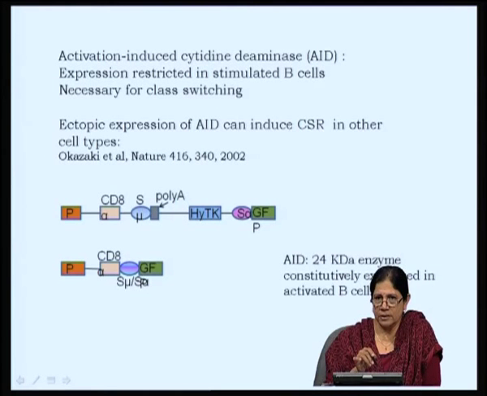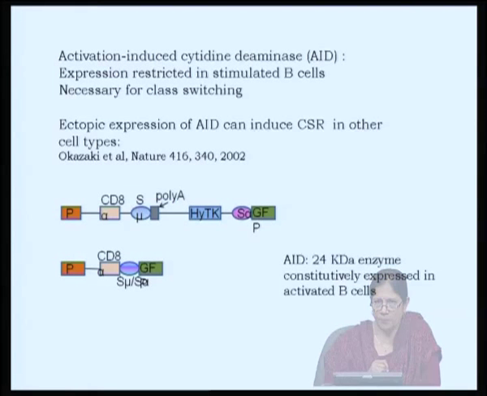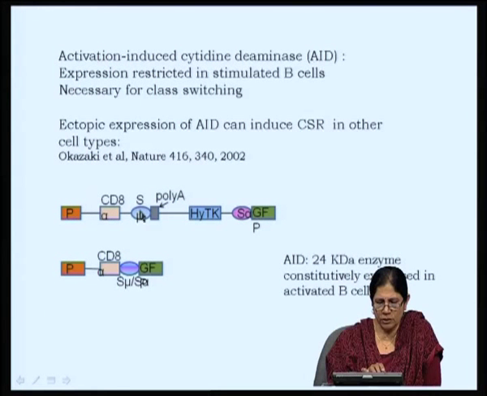Once again, as in some of the previous experiments that I discussed with you, Okazaki et al. made an interesting construct which was transfected in fibroblast cells. They have the construct where there is a promoter, next to which is CD8 alpha.